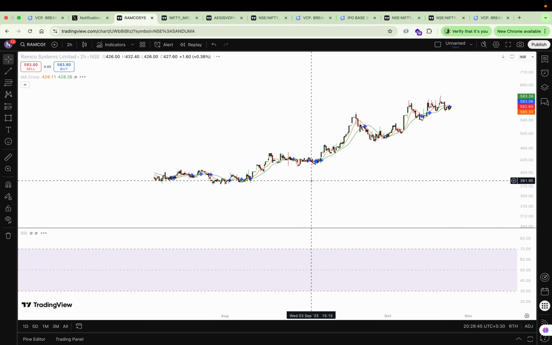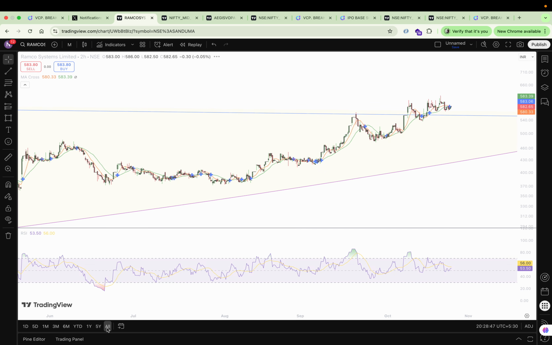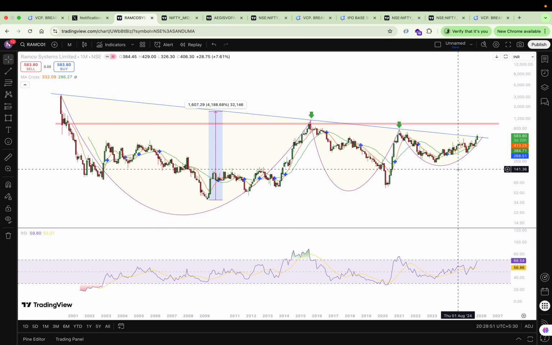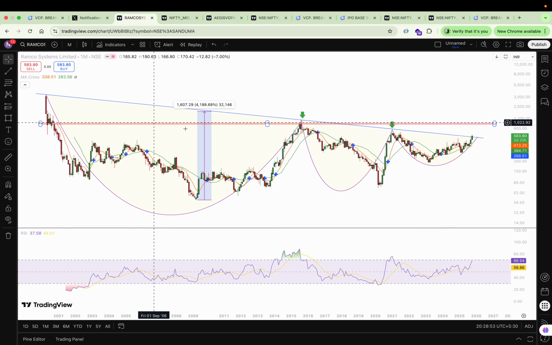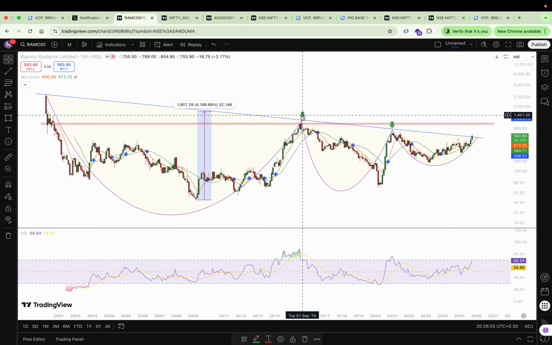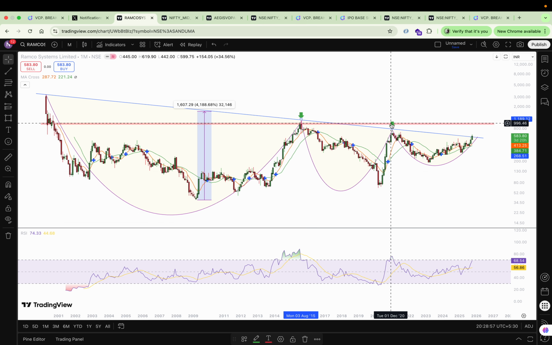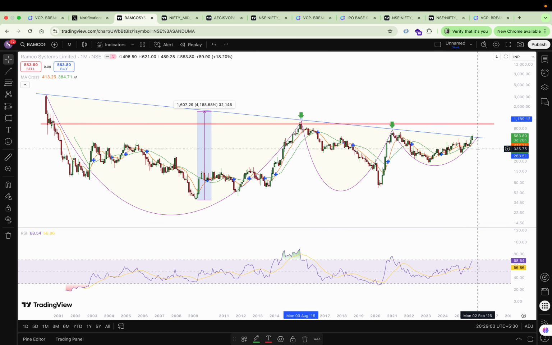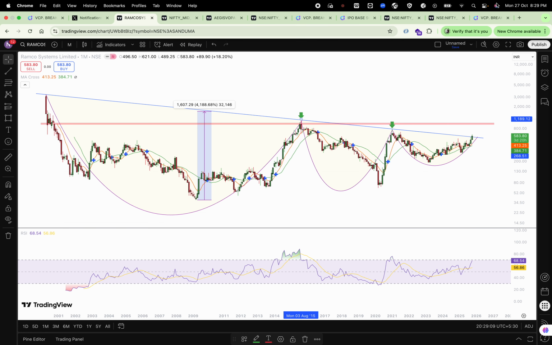Then coming to Ramco Systems. Here on the monthly chart, this is the resistance, right? It tried to move above this multiple times, but it could not. In this instance, it's about to break out. Since it's a monthly chart, we have to wait for the monthly breakout.